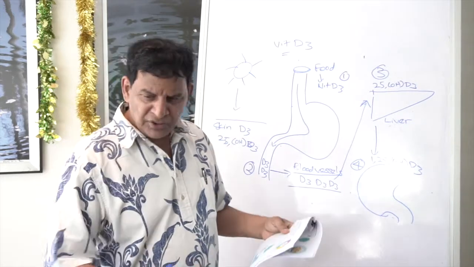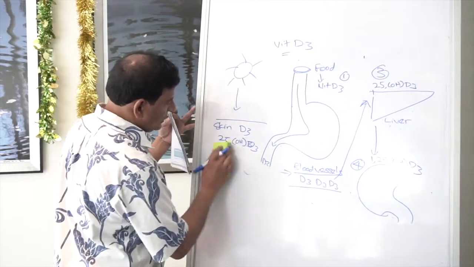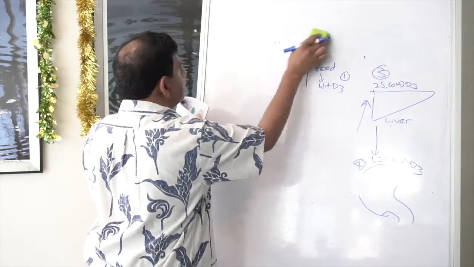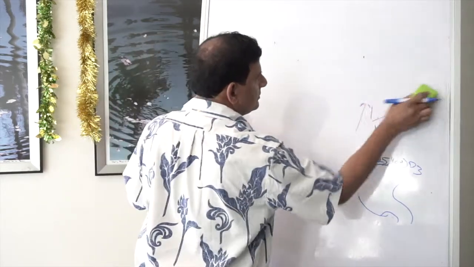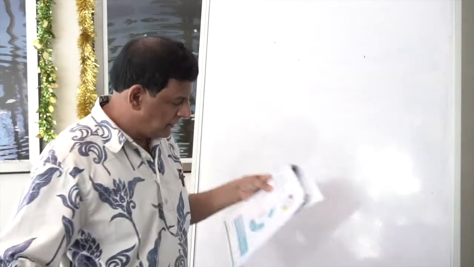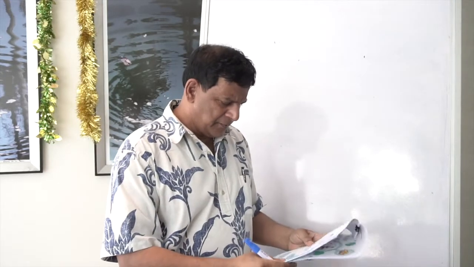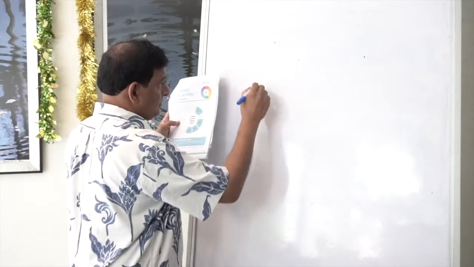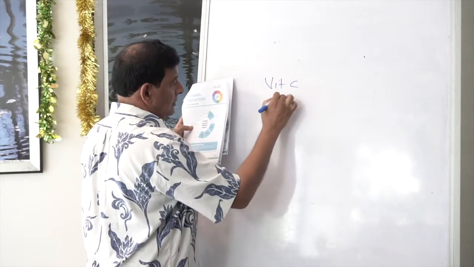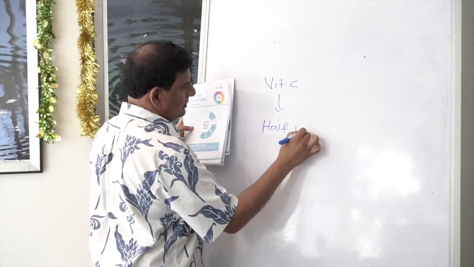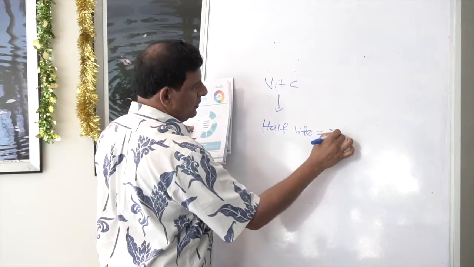So what is the next most important deficiency we find in gut health? We have vitamin C. Vitamin C half-life is around 2 hours.